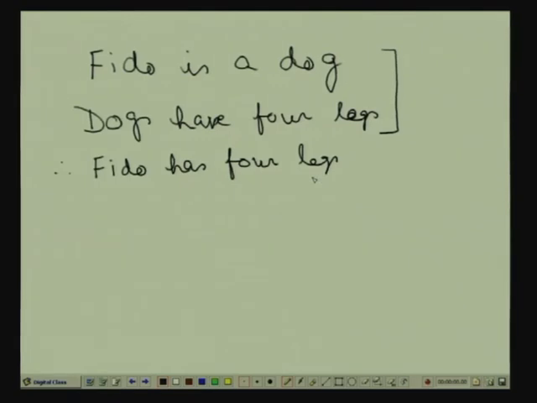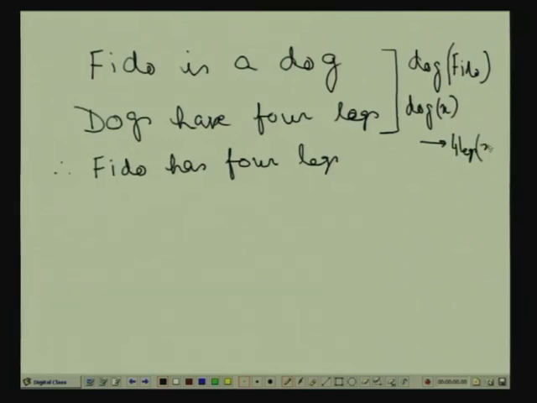Now, I am feeling tempted to ask you, what is this sort of reasoning? Fido is a dog, so I can say dog Fido, and dog x implies 4 legs x.